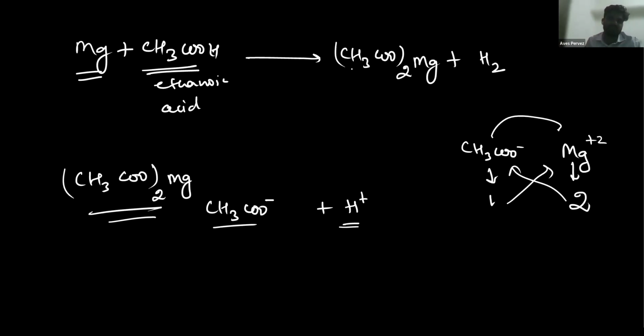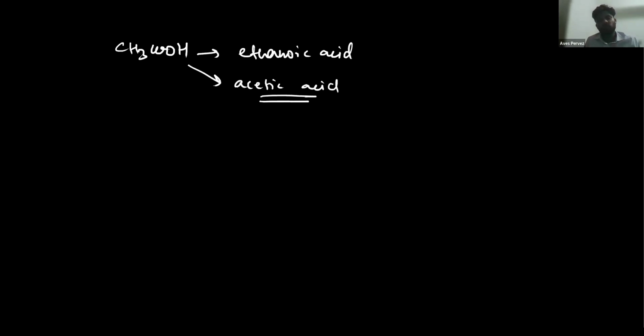The name for this one is a common name. Let me explain this one. This is CH3COOH. It has two names: one is ethanoic acid, and another one is acetic acid. If you choose acetic acid, you can write magnesium acetate.